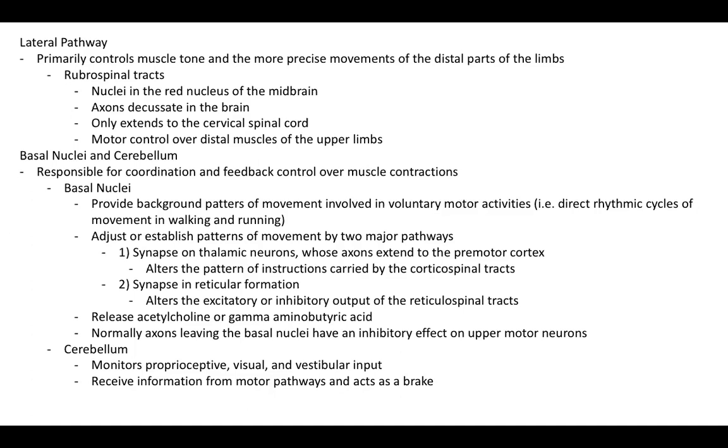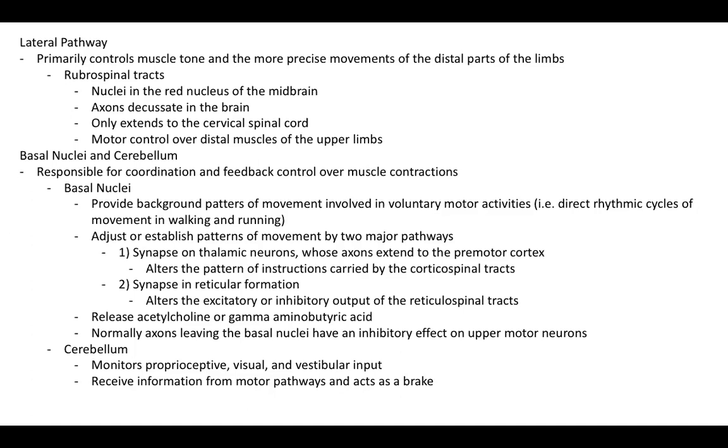The basal nuclei and the cerebellum get feedback from muscle contractions, and so this is corrective movements, also coordinating complex movements. And the basal nuclei helps to coordinate things like walking and running.